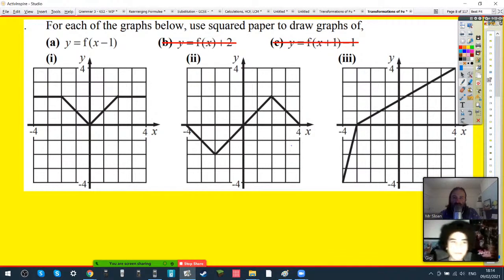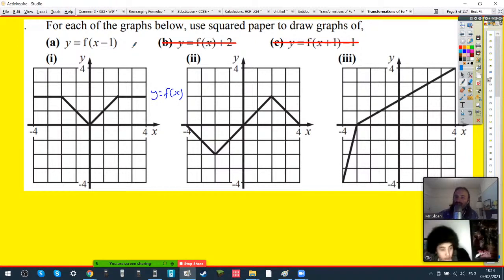Okay. Change the graph. So how do we change an entire graph? What it shows currently is y equals f of x. What will y equals f of x minus 1 look like? One will be added to all the x's.